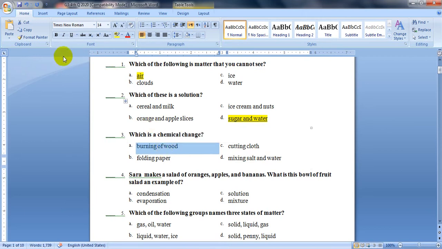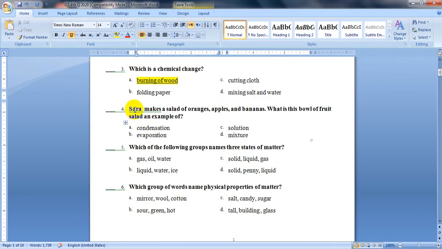Why is burning of wood a chemical change? Because it will form smoke and ash, new kinds of matter which are different from the original one, which was wood.